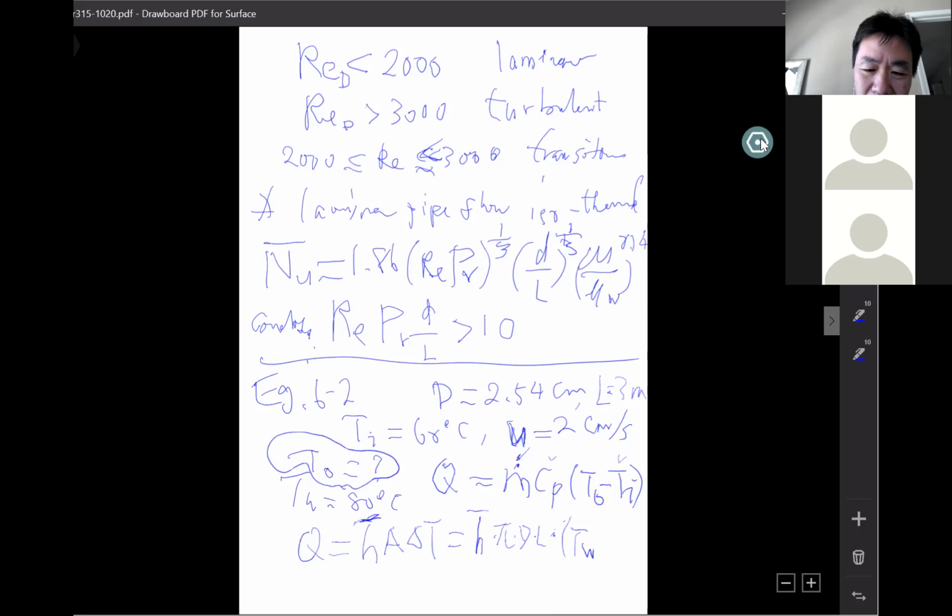Okay, so actually this To and the Ti, inlet and outlet, is already the bulk temperature on the inlet surface and the bulk temperature on the outlet surface. So how about the bulk temperature for the entire tube? How do we approximate it?